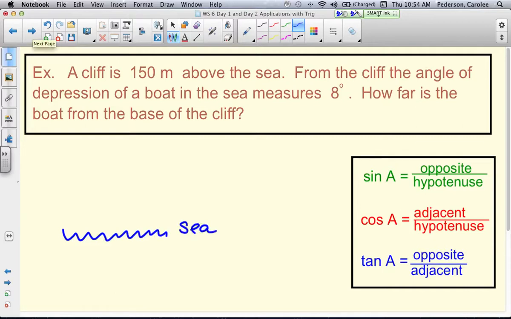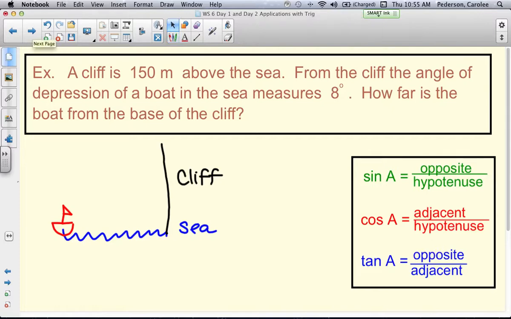And then we have a cliff. This cliff goes straight up. And then we have a boat that's in the water, that's at sea level. Now, it tells us that the cliff is 150 meters above sea level.